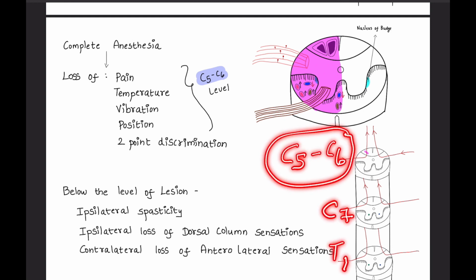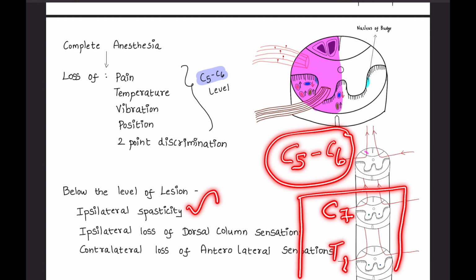Below the level of lesion you will have ipsilateral spasticity, ipsilateral loss of dorsal column sensation and contralateral loss of anterolateral sensation. Why below the level of lesion do you have ipsilateral spasticity?